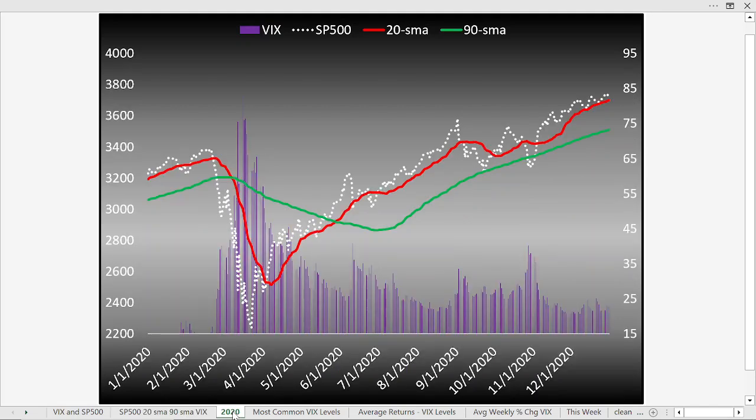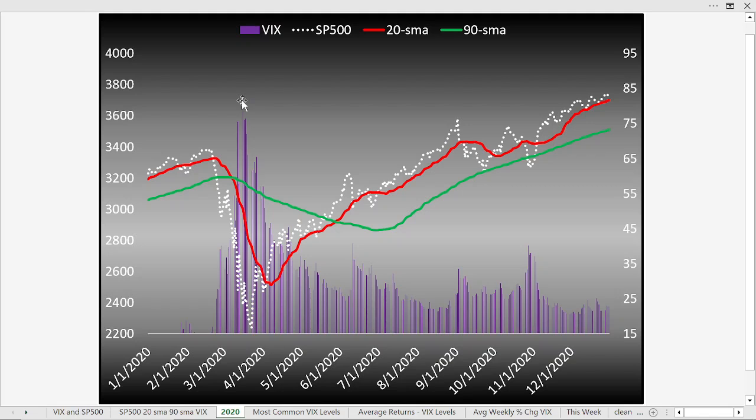Now, take a look at the chart here. This is 2020 when we saw that massive market sell-off. The white dotted line here is the S&P 500. Again, the VIX is shown here by the purple histogram bars. Notice how as the stock market really crashed, March, April of 2020, the VIX spiked to levels high near the 80 level.